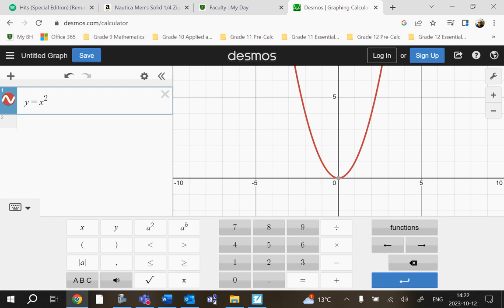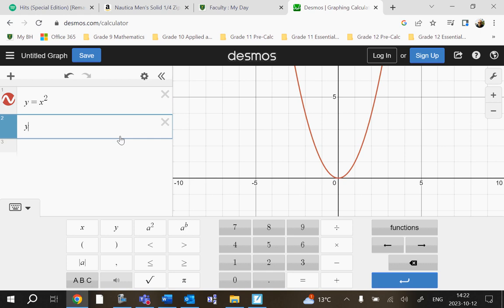Okay, here's x squared. Watch what happens when I do another function with parentheses inside with the x. So let's go y equals, whoops, I want to start a new one.